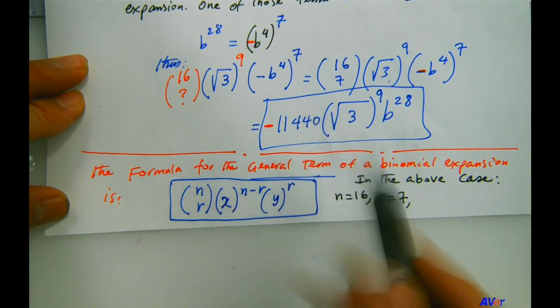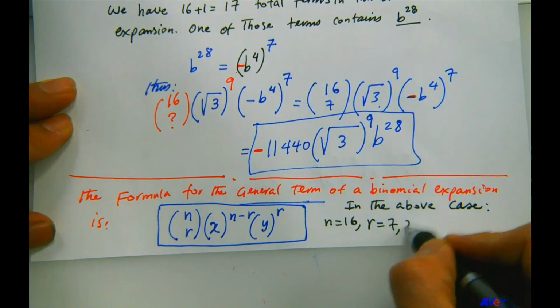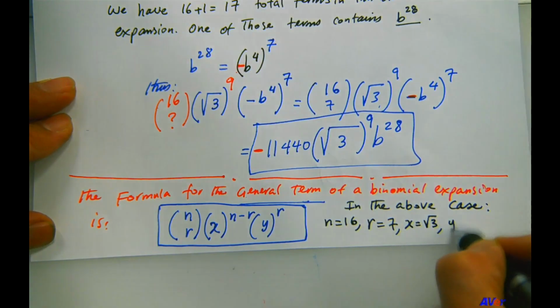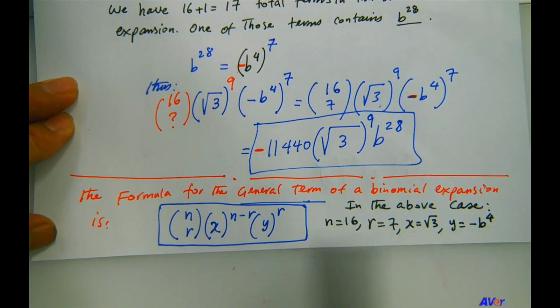And x and y, of course, were: x was square root of 3, and y, in our case, was minus b to the 4th. Okay, so we can plug it in here, and it gives us that term.